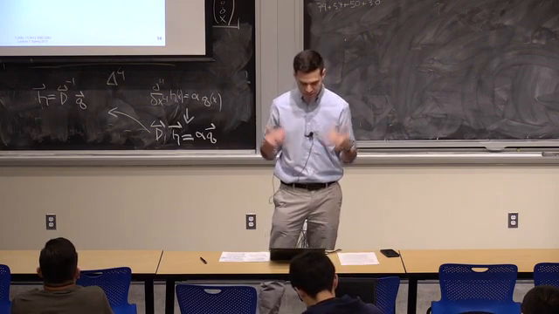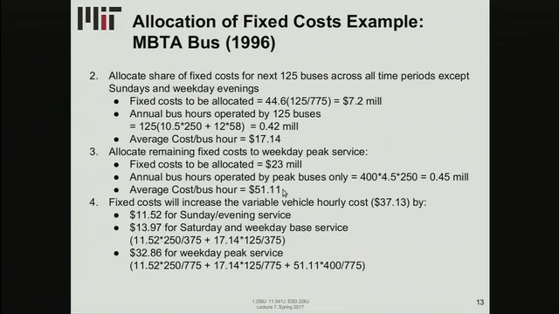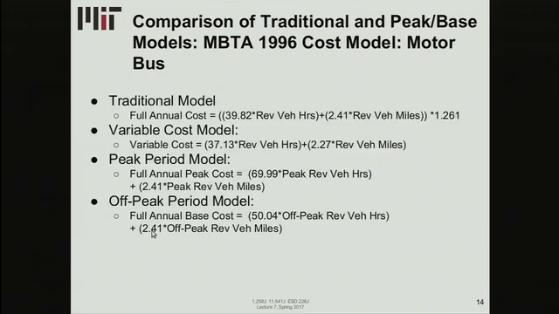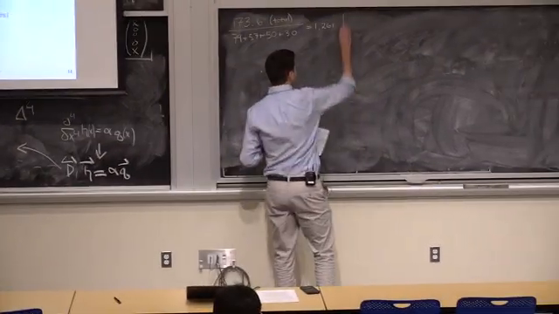We can do the same with off-peak service. So we take the $37.13, and we can add the combination of the portion of it that is $11.52 and the portion of it that is $13.97. Let's do that on the board so that you have the example.